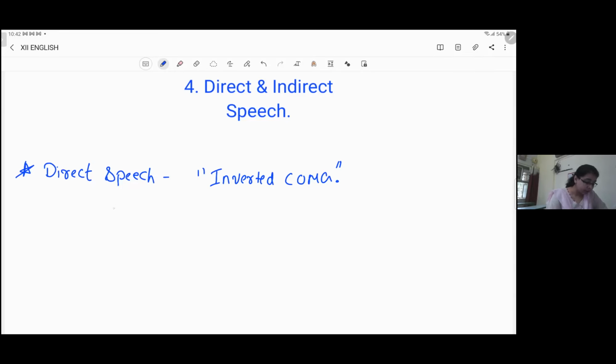Below that, in the next line, you all are writing example. Direct speech means what? The actual words are spoken. What I am trying to say is the first person to second person. Indirect speech is what? The first person's message is given to the third person.